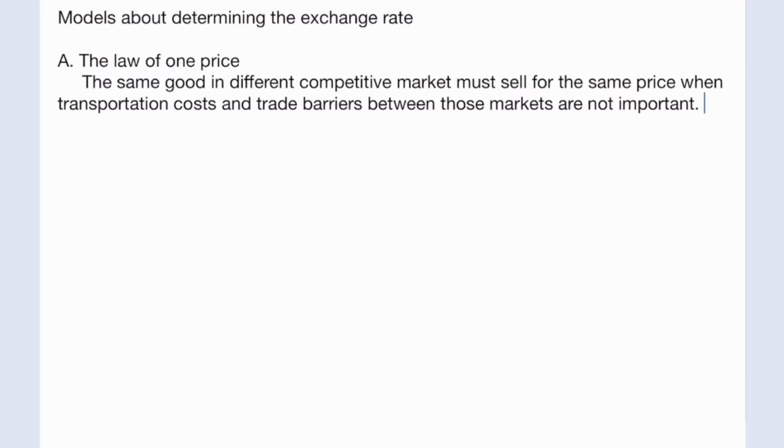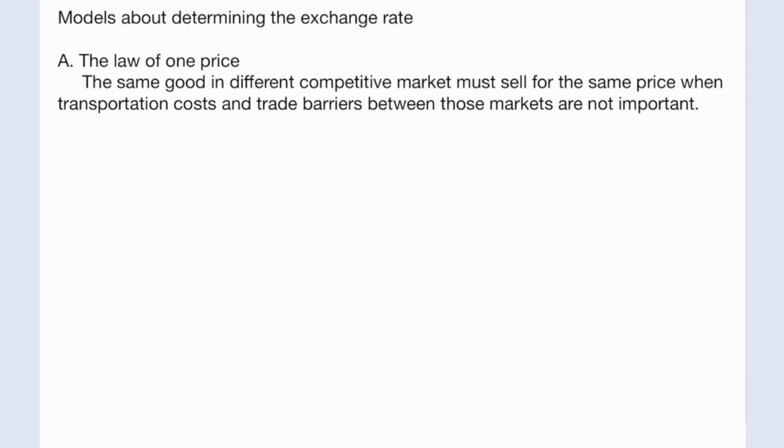That is, the same good, which is pizza in this case, in different competitive markets across the street, one in the US market and the other in the Canadian market, must sell for the same price when the transportation costs and the trade barriers between those two markets are not important.